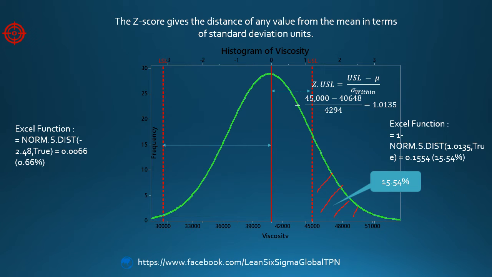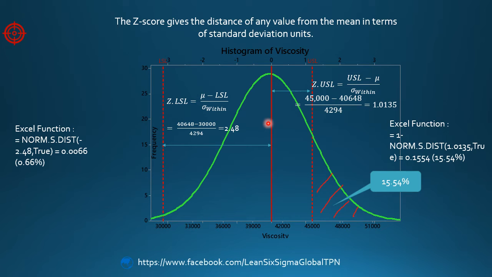This area is 15.54% of the distribution. And let's now calculate the percentage of viscosities that we would expect below the specification limit using the standard normal distribution. The z-score that corresponds to the lower specification limit is 2.48.